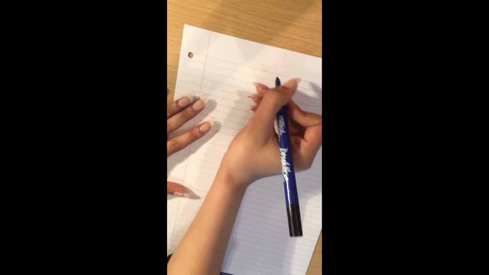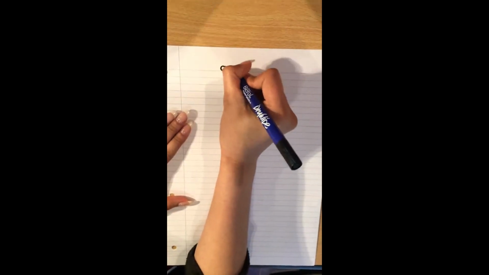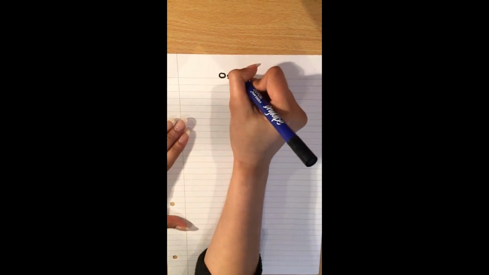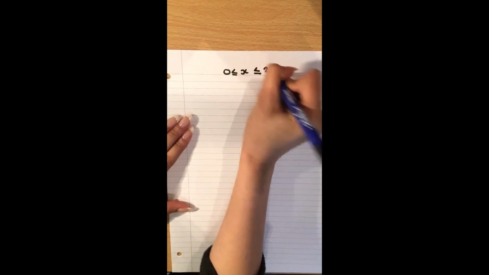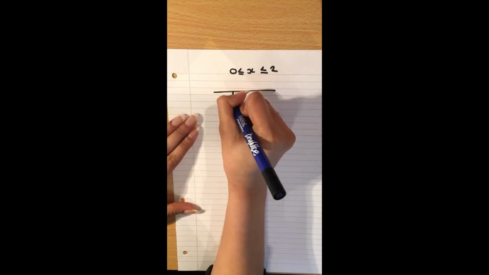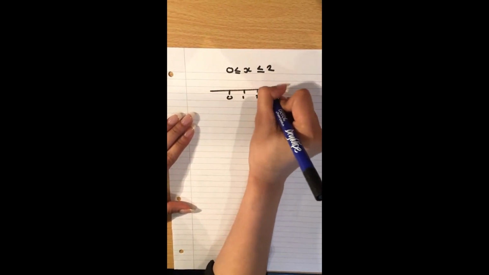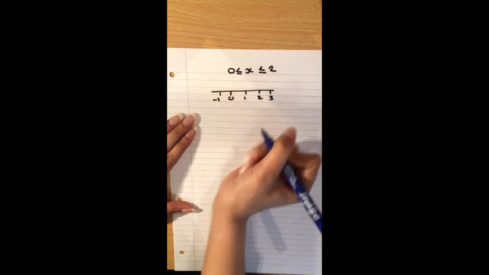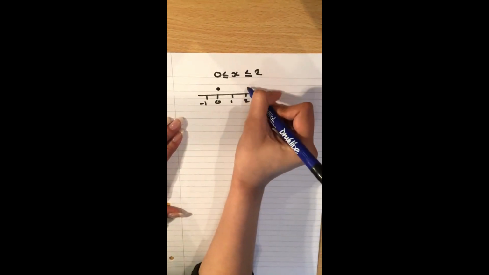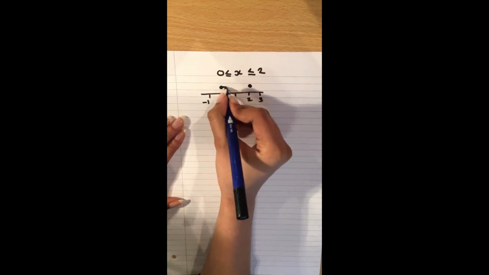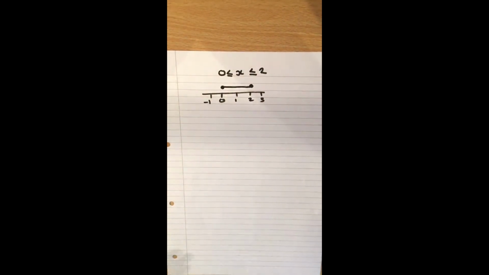If we have a value of x that's between two values, for example, we have x is greater or equal than 0 and less than or equal to 2 on our number line, we would draw equal to, so a solid dot at 0, a solid dot at 2, and all the x values in between.